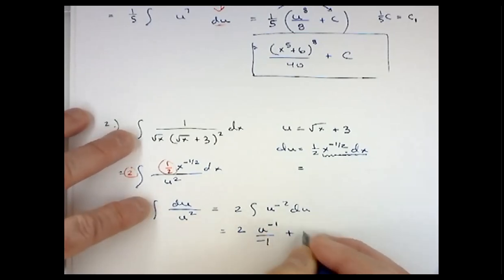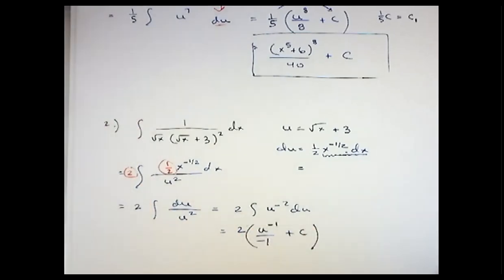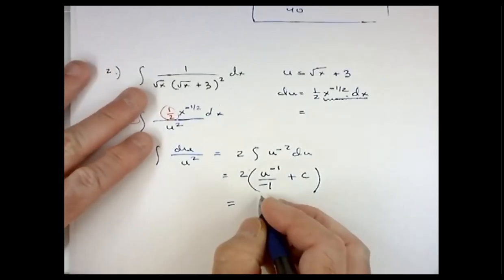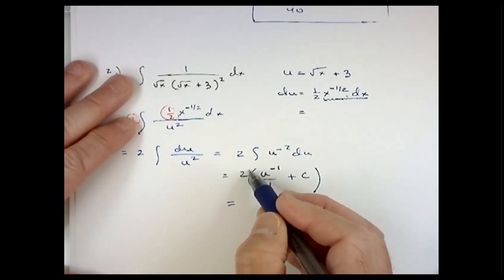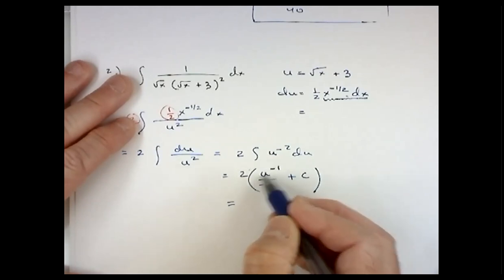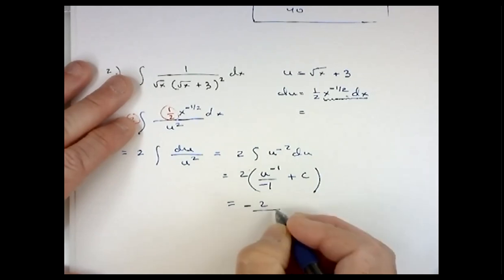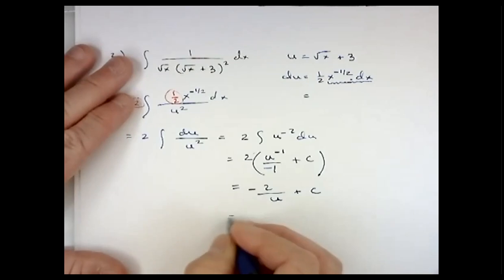Sometimes I'll just do this, when in reality it really should be times the whole thing times 2. But again, that 2 times c I could just replace with c. So if I distribute this, this is really going to be negative 2 over u plus c, and then I'll put my u back in.